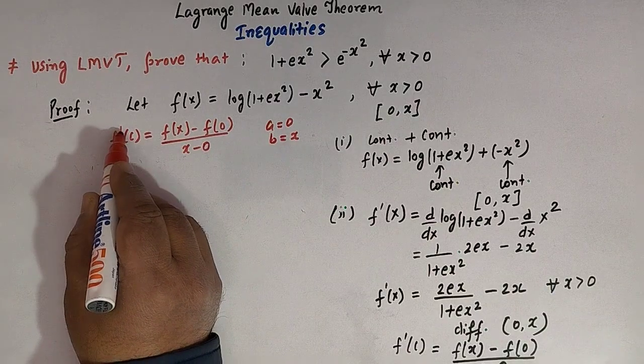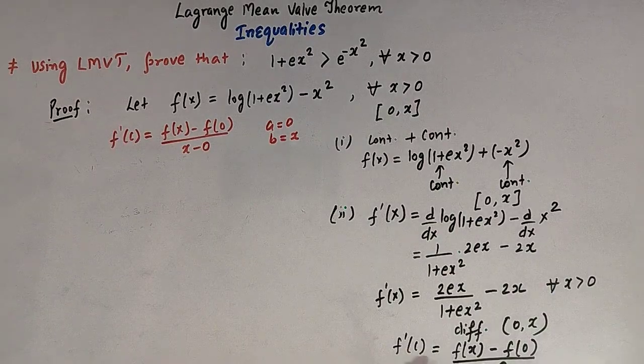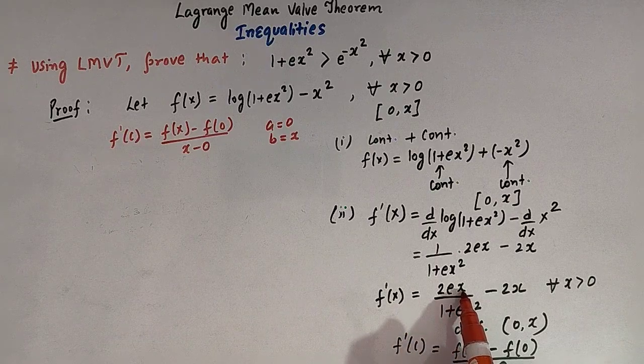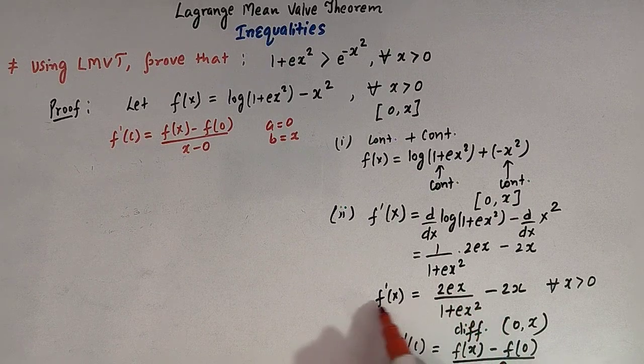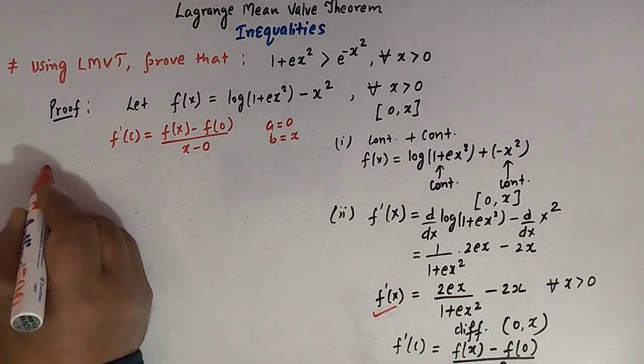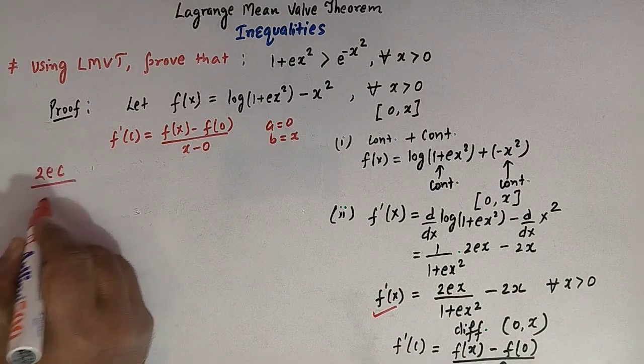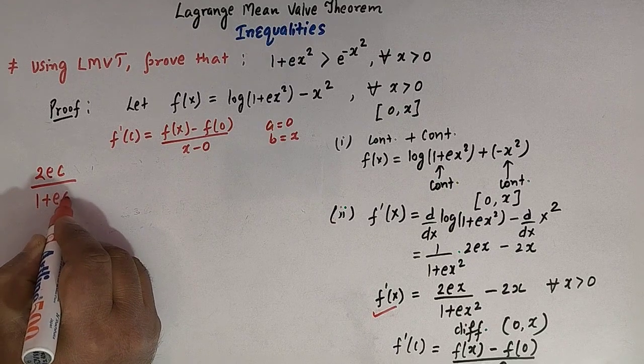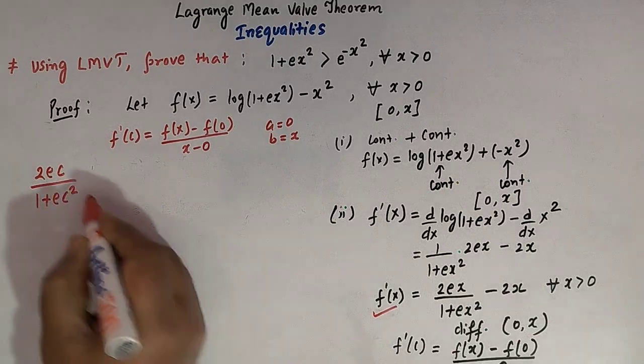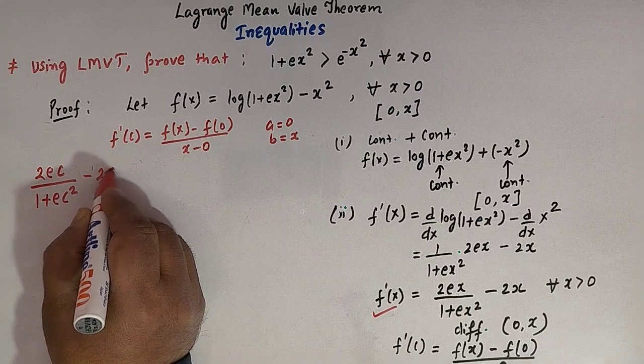Here f prime of c can be obtained by taking x equal to c in this expression. So we can write 2c e^(c^2) divided by (1 plus e^(c^2)) minus 2c.